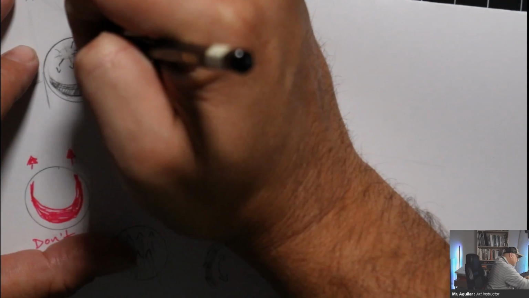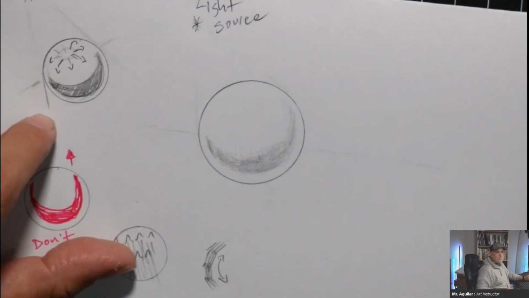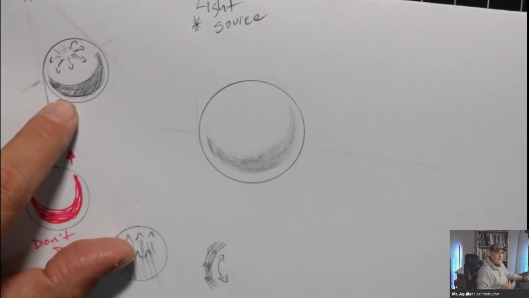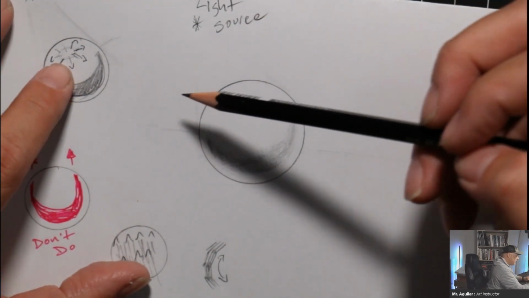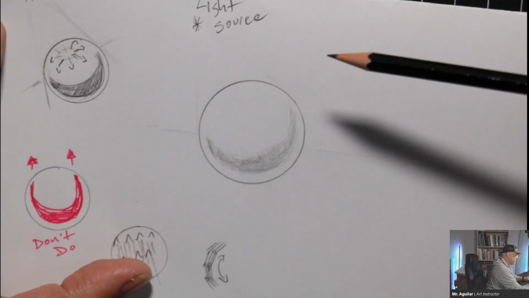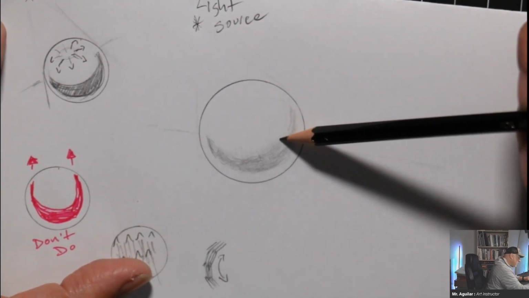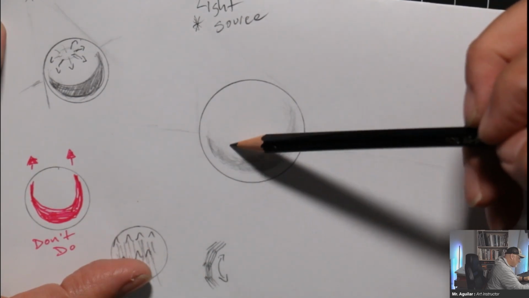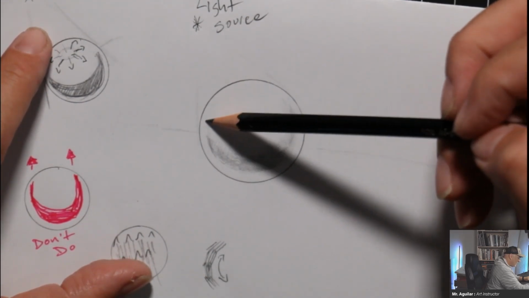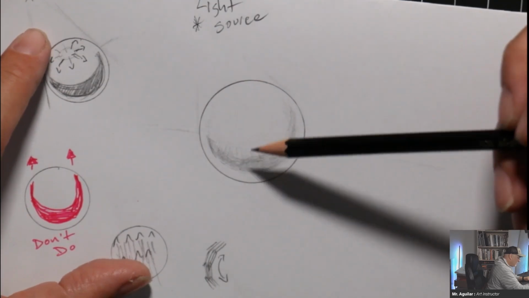So when I'm shading, this is what I have to keep in mind, right? I can't just shade everything going in the same direction. Eventually everything's going to move into where the light source is hitting. And my core shadow acts kind of like a map and a guide for me.